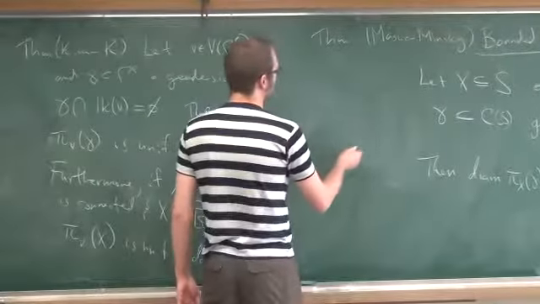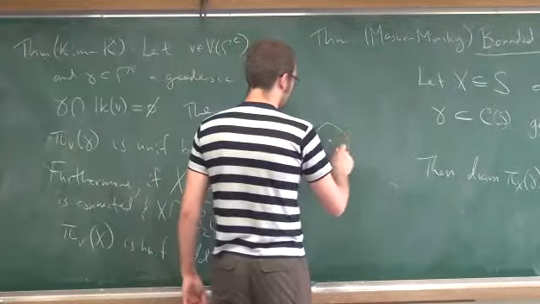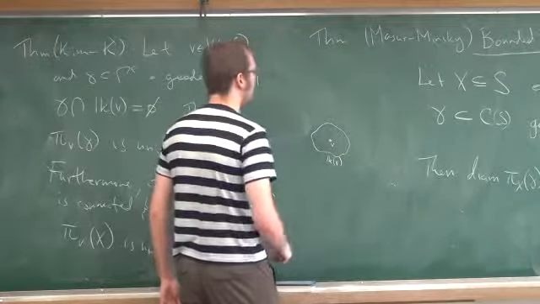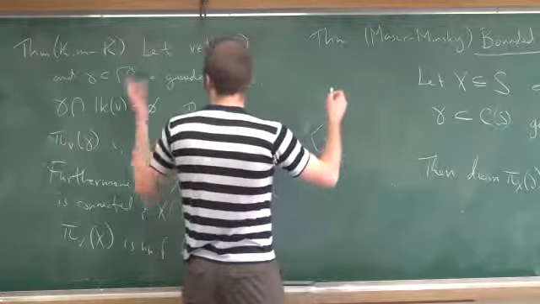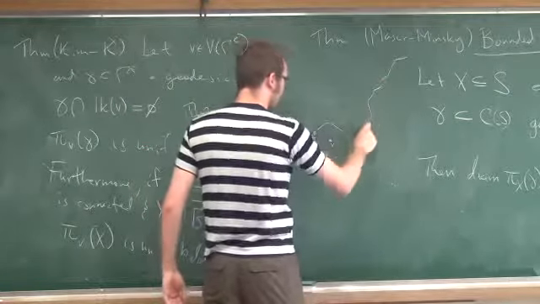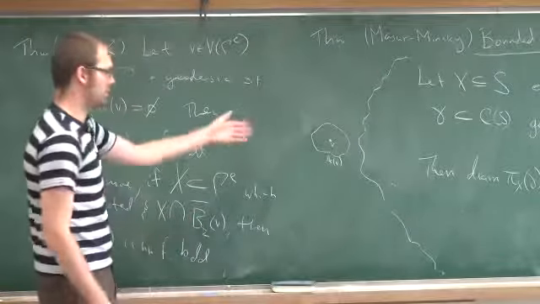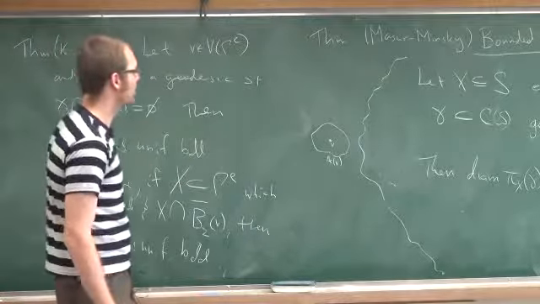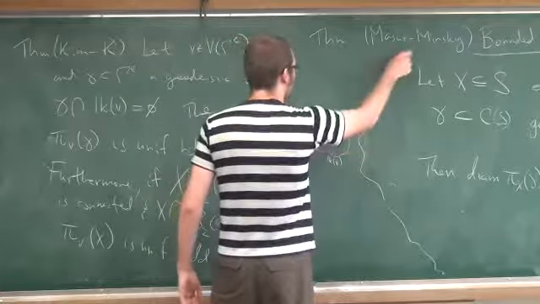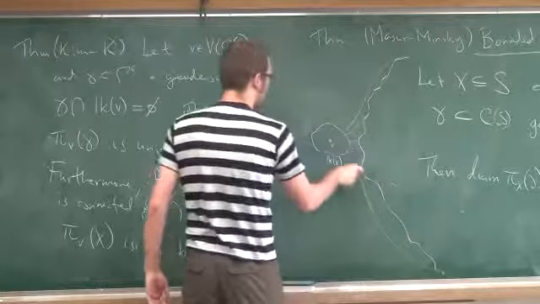Suppose you consider the vertex V here, and here's its link. The bounded geodesic image theorem says that if you have some geodesic going between two points, or maybe it's bi-infinite, and you project it onto the link of V, then you get this bounded diameter projection.